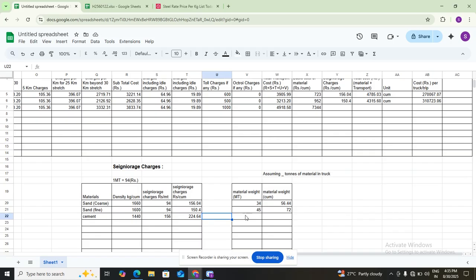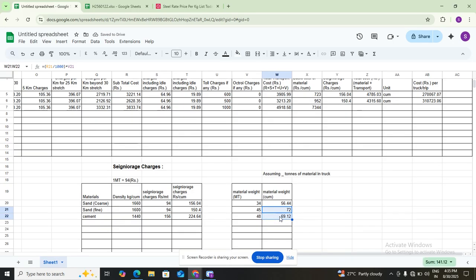Same as I have taken. What is the material capacity? The cement bulker carries loose material, so I'm taking 48 tons of cement carried by that bulker. That's why I'm converting this also into meter cube. Okay, 16.1 per meter cube.